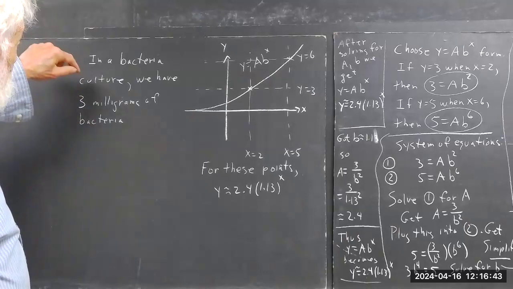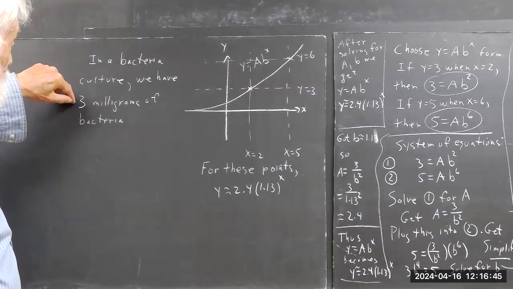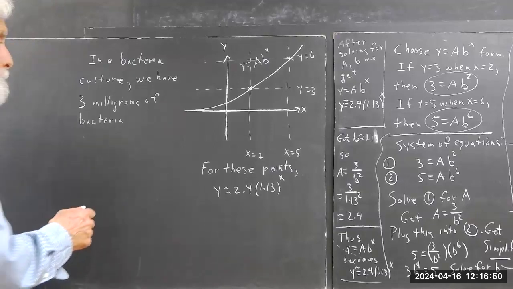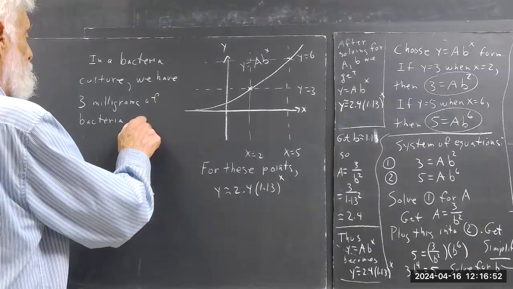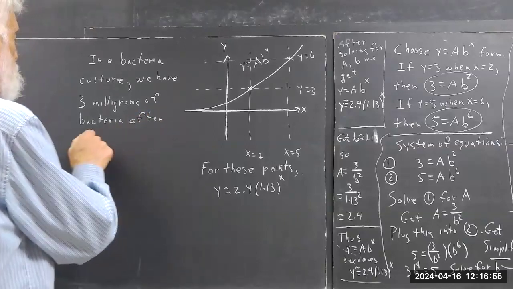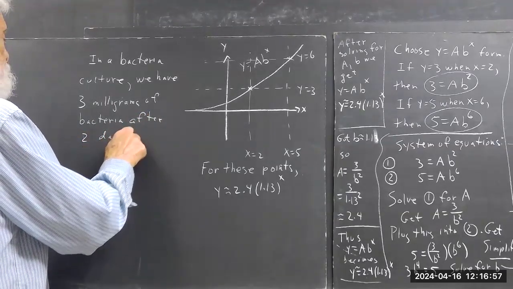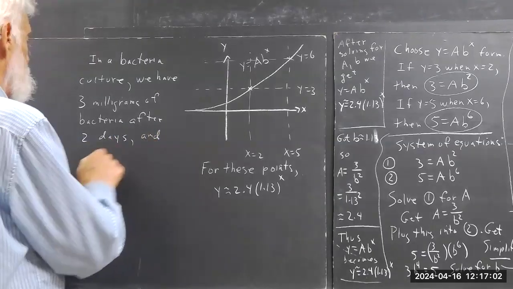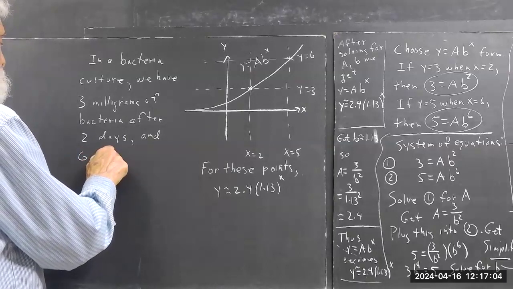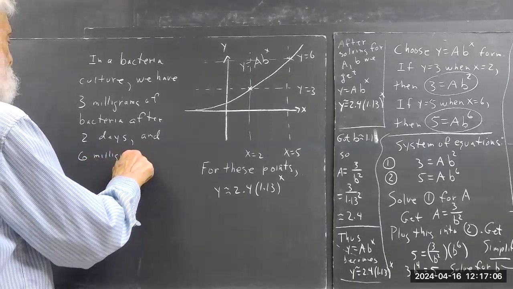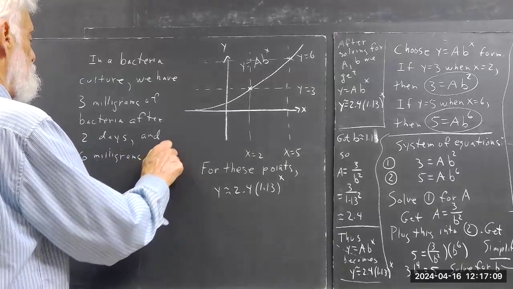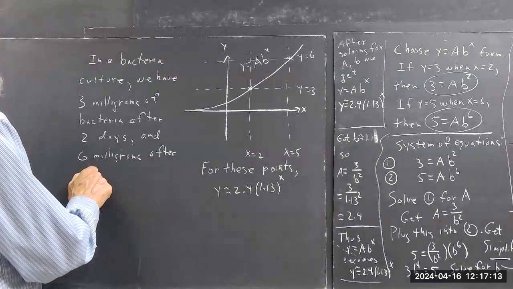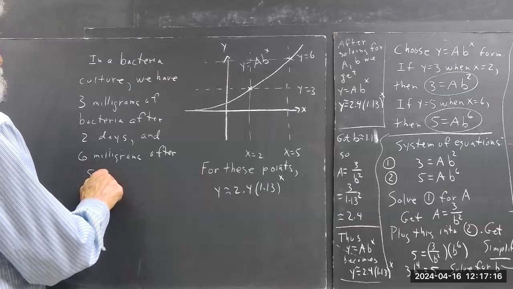Okay, so anyhow, in a bacteria culture, we have 3 milligrams of bacteria after 2 days, and 6 milligrams after 5 days.